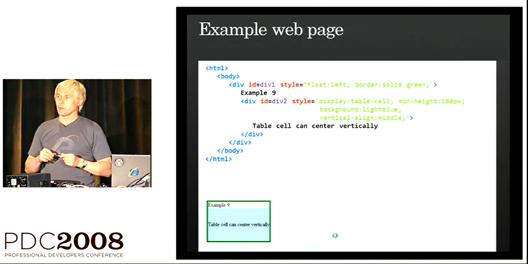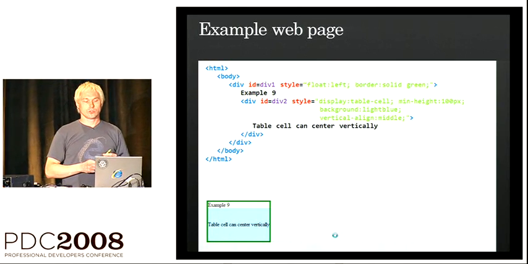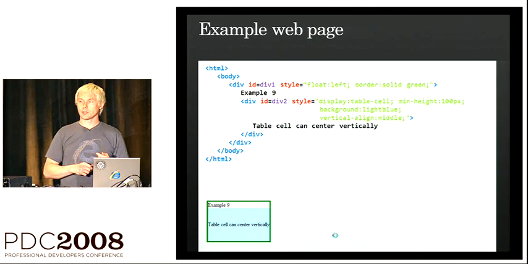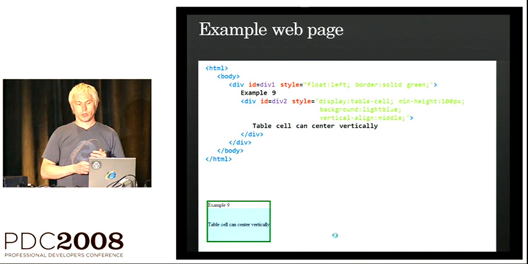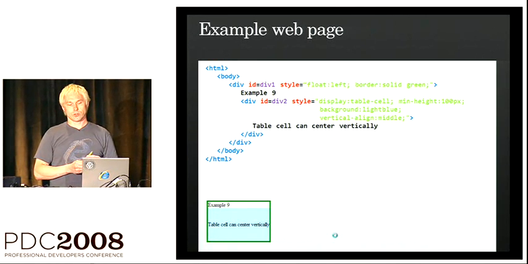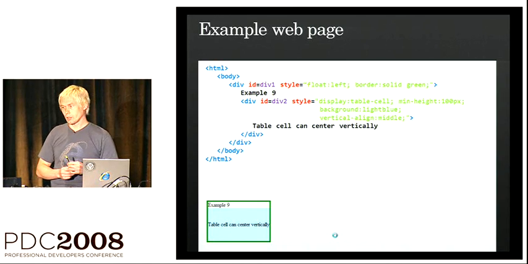In this page, there are only two elements that are interesting anyway. There's a div that's a float. That's our div1, and there's a div2 that is a table cell.